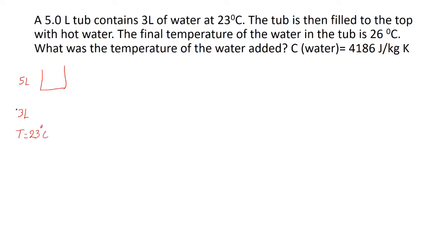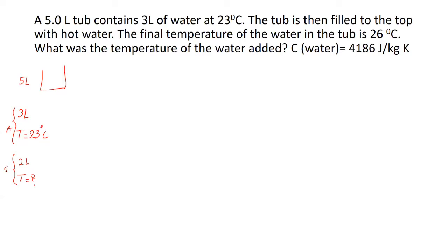If I name this one sample A or water A, after that we fill the container with hot water. It means we added 2 liters of hot water to that. What's the temperature of this one? This is something that we are going to find.